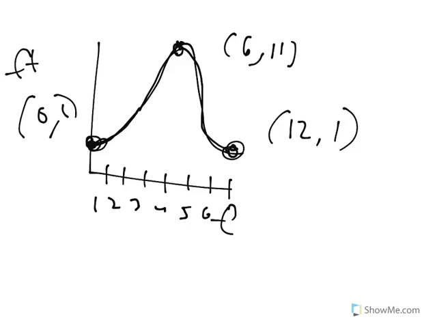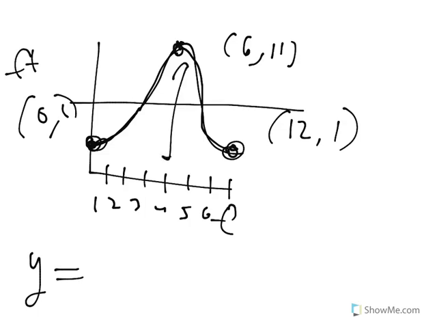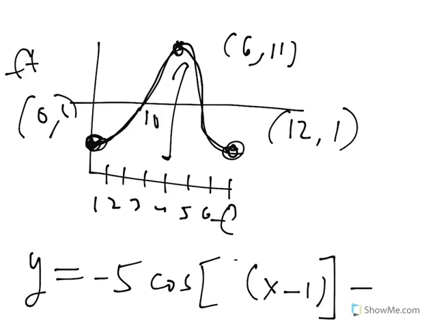Well, I can now create the equation. Here's the middle line. These are 10 apart, so it's -5, negative because it's starting from a high point, cosine, bracket, there'll be some number over here, x minus 1, plus 6 because I'm 5 above 1, so this is 6 here, that's 5, and then 5 more to get to 11.